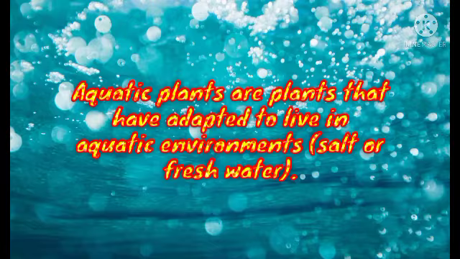The water can be either salt or fresh water. These plants require special adaptation for living submerged or living their whole life in water or at the surface of the water. These aquatic plants mainly survive or live in water. That's the reason they are called aquatic plants, or you can say water plants.